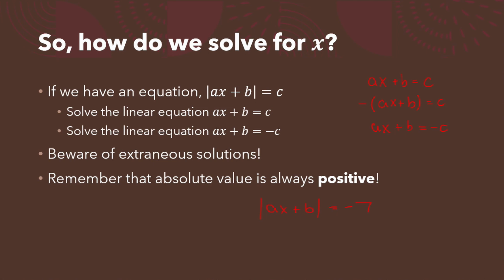Pause this video and try to figure out why this wouldn't work. This equation doesn't work because we must remember that absolute value is always positive. So we can't have an absolute value equating to a negative number, which is why this has no solution.